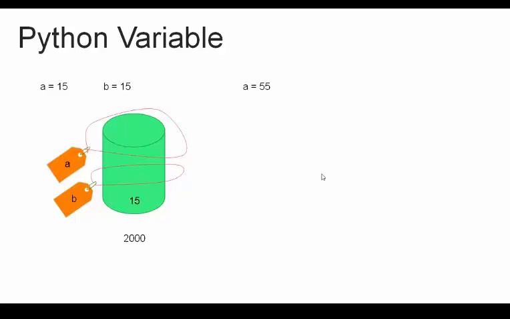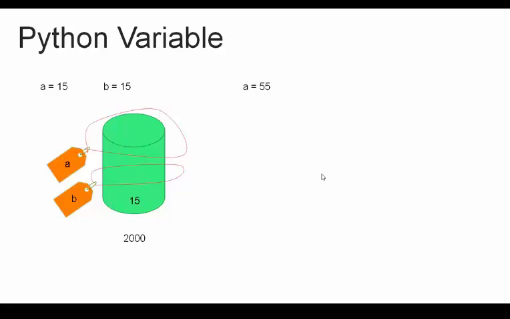So what happens? It tries to find in the memory slot whether 55 exists or not. If not, it has to create another pillar, another memory slot, and store the 55 value. If 55 already exists, then A would be tagged to that particular memory address.